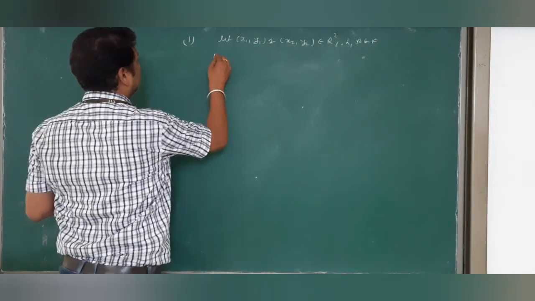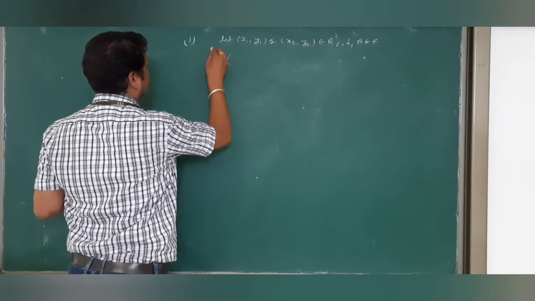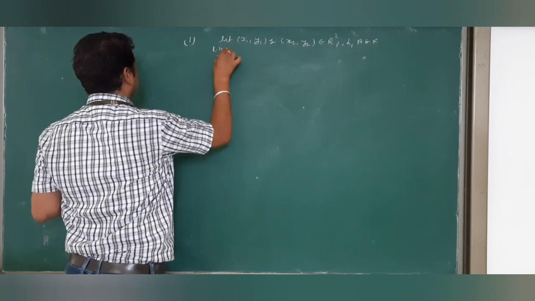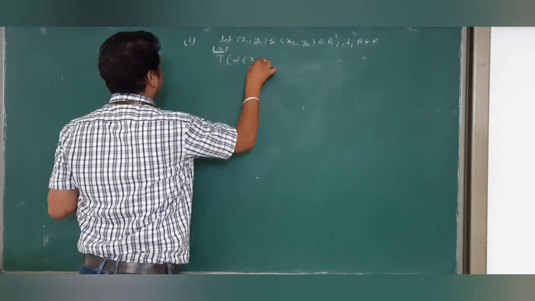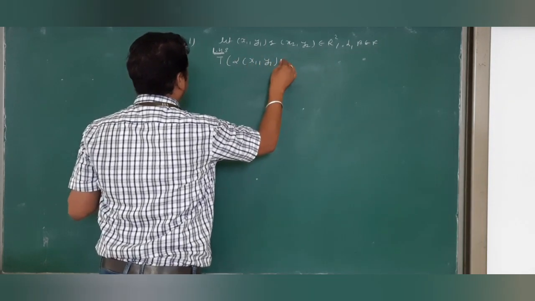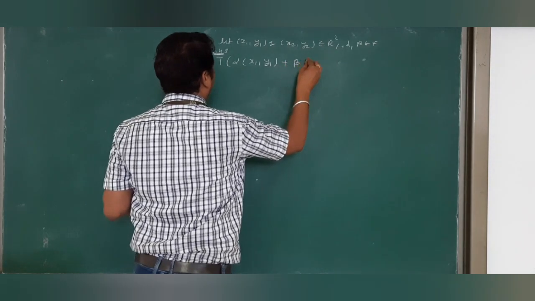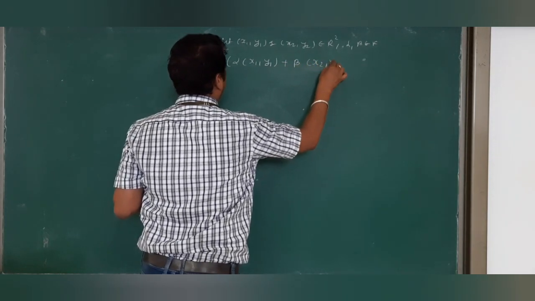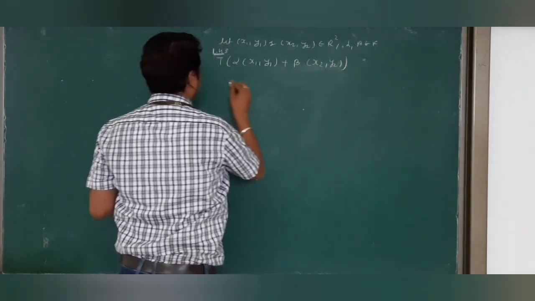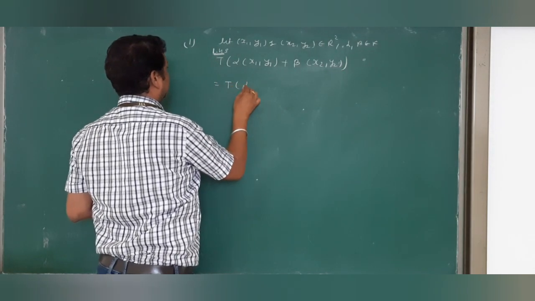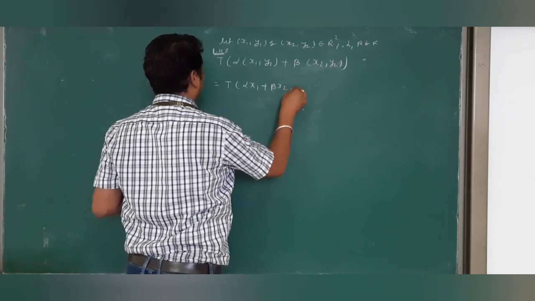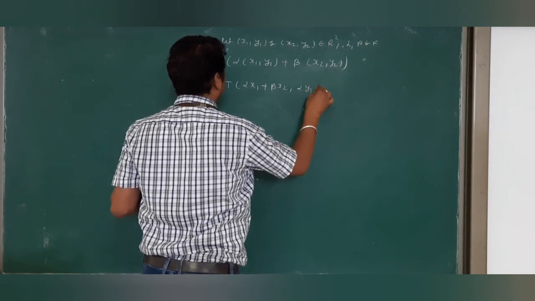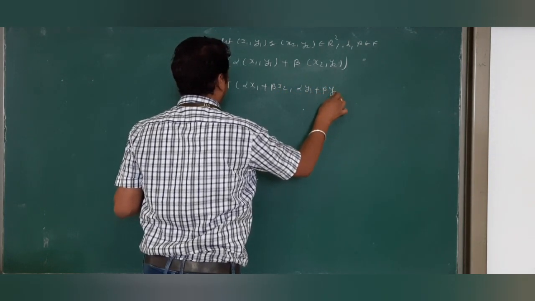How do we do it? T of alpha x, the LHS. T of alpha (x1, y1) plus beta (x2, y2). What is the value? T of (alpha x1 plus beta x2, alpha y1 plus beta y2).